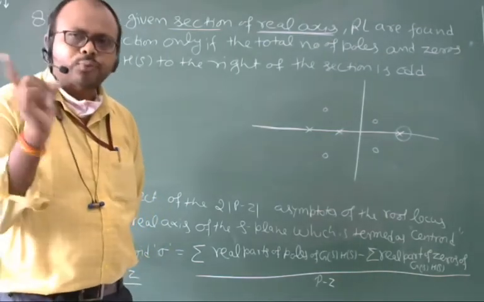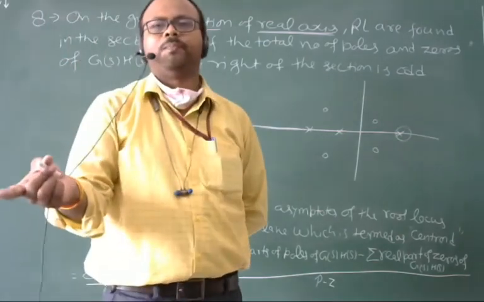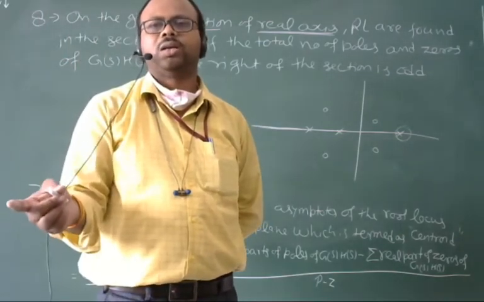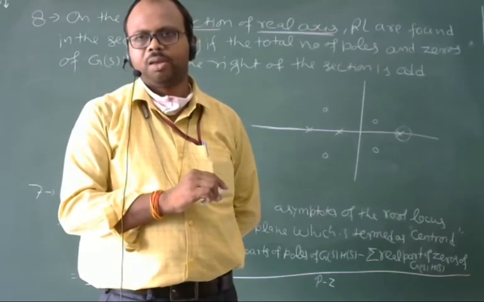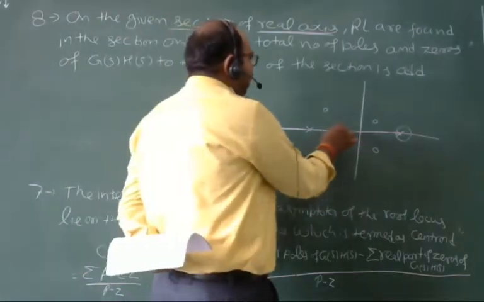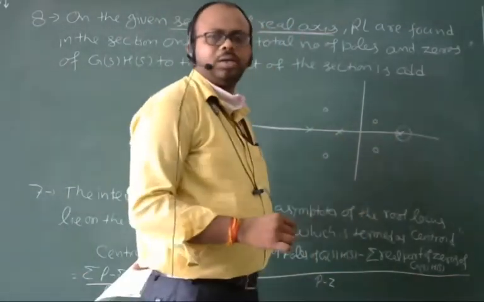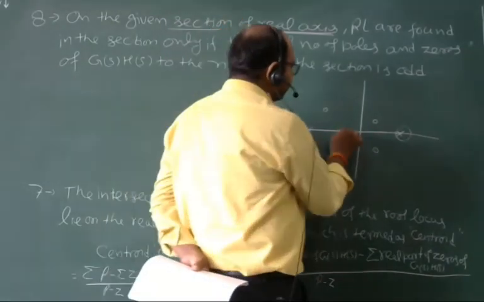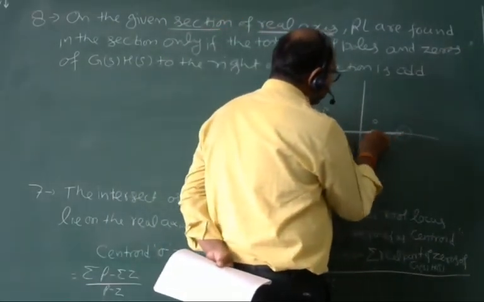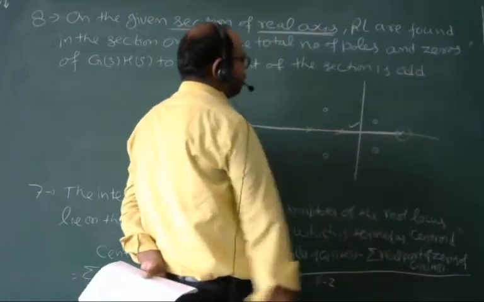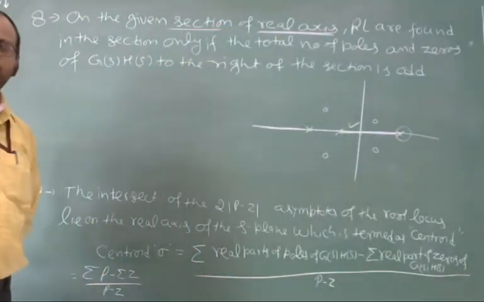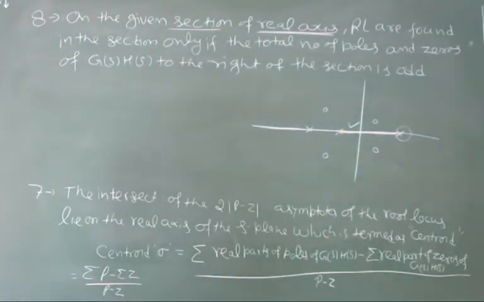So the number of roots in the right of the section is odd, and it means in this section root locus will exist.